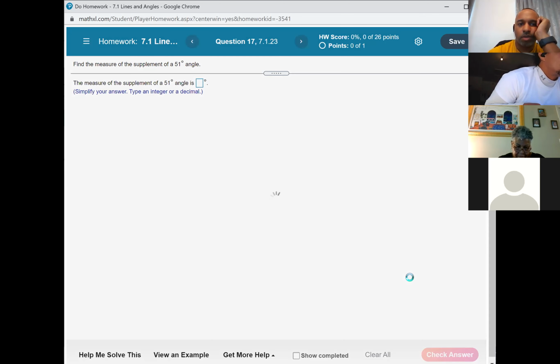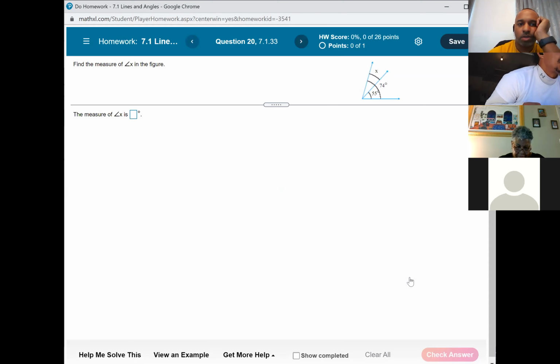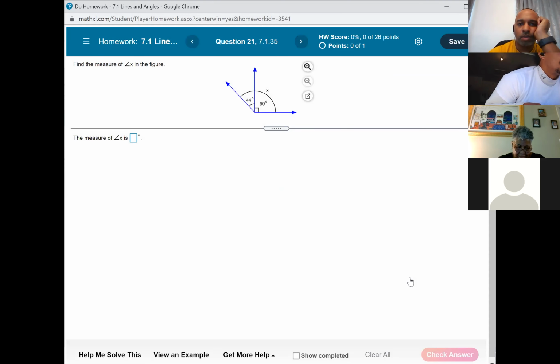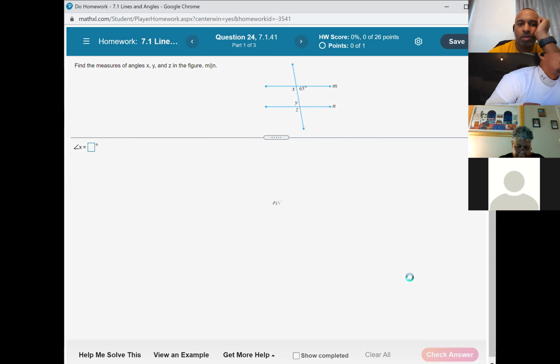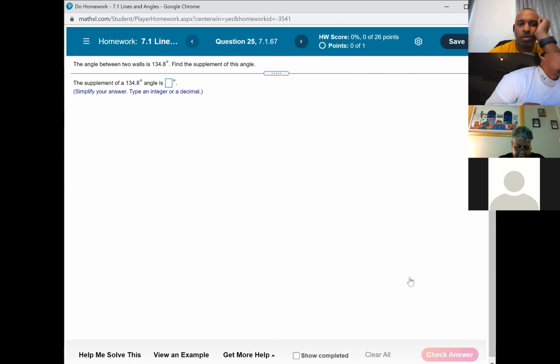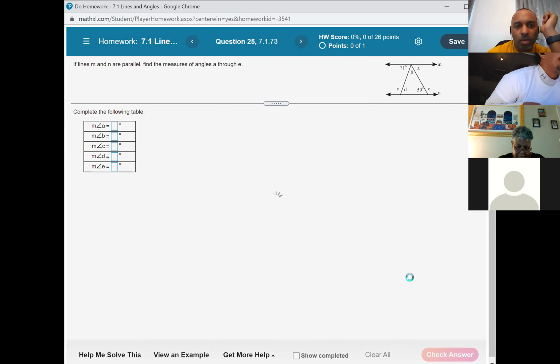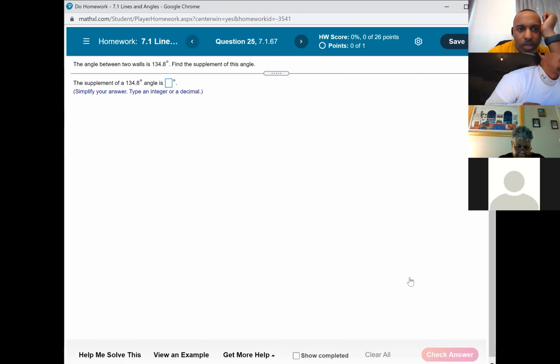I think we're past this though a little bit. This is just addition and subtraction. Hold on. What did that say? Oh. So the angle between two walls is supplement.